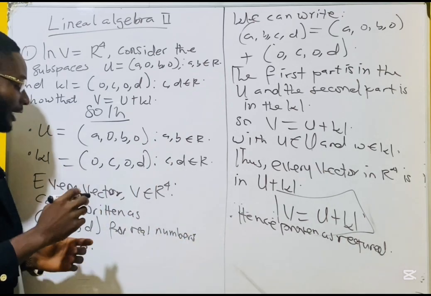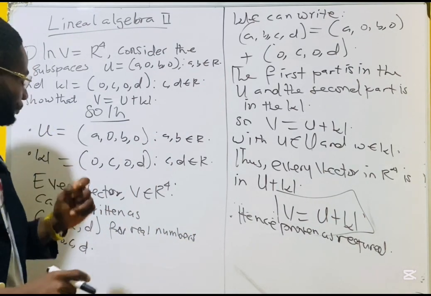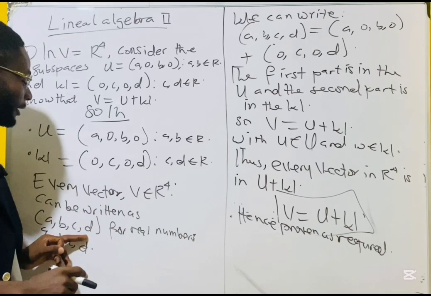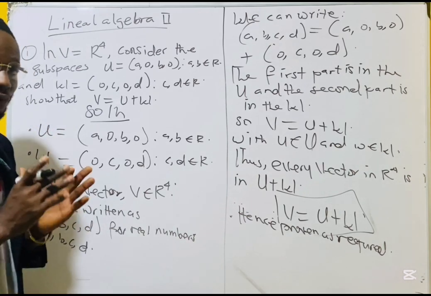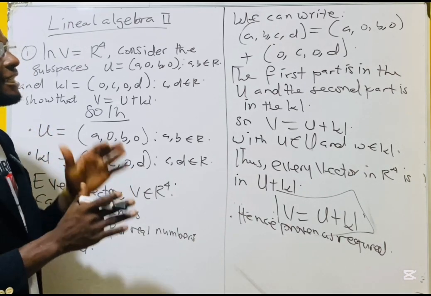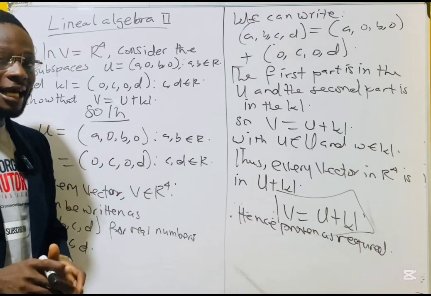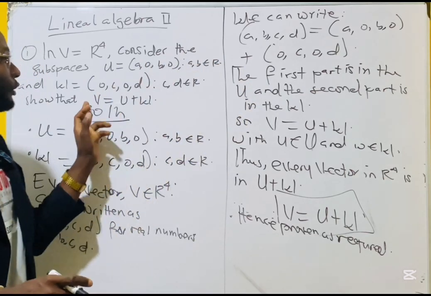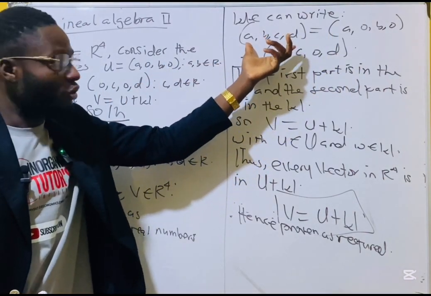So don't forget that every vector V that belongs to R4 can be written as (a, b, c, d) for real numbers a, b, c, and d. You can also write it as (a, b, c, d), and that is equal to the U part plus the W part. It all works out to the same result, right?